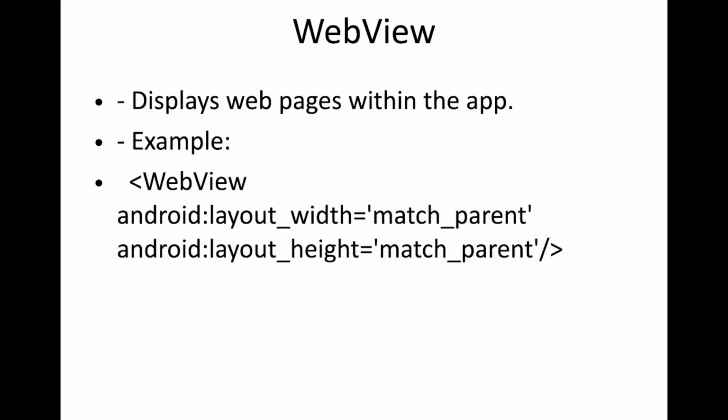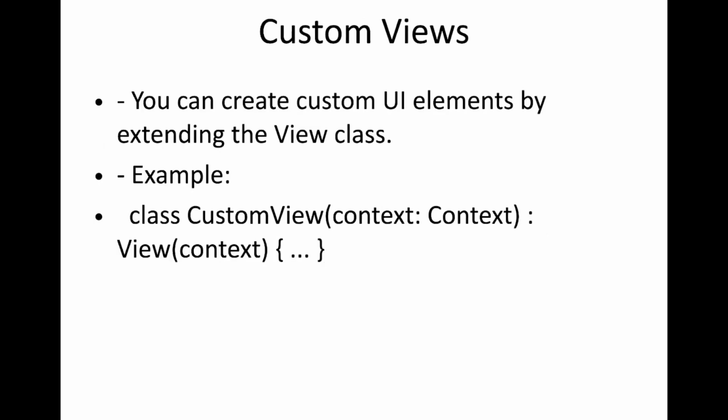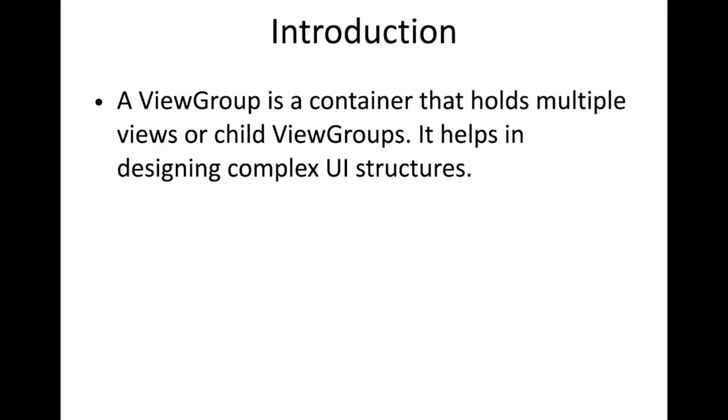Web view displays web pages within the app. So it's an example web view. Custom view: you can create custom UI elements by extending the view class. We will see all these examples.